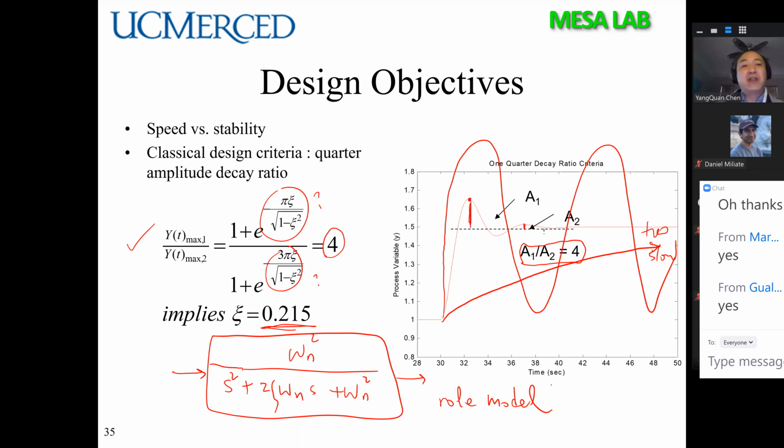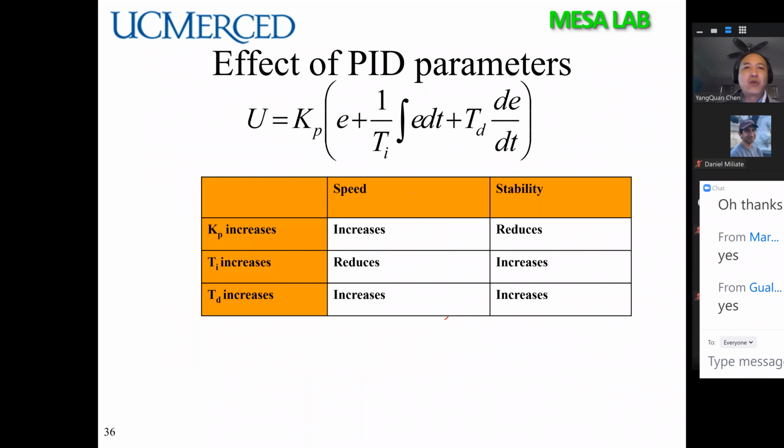So this is the design objective. This is called a good trade-off between speed and stability. So this is considered a common practice.